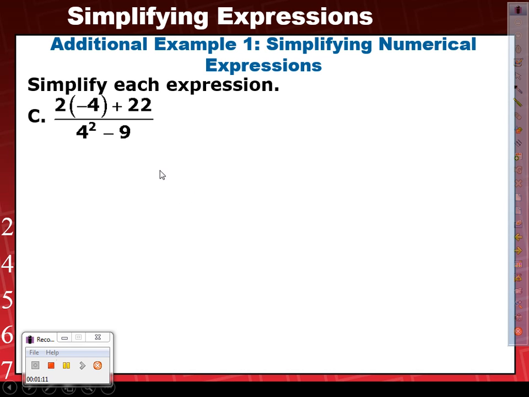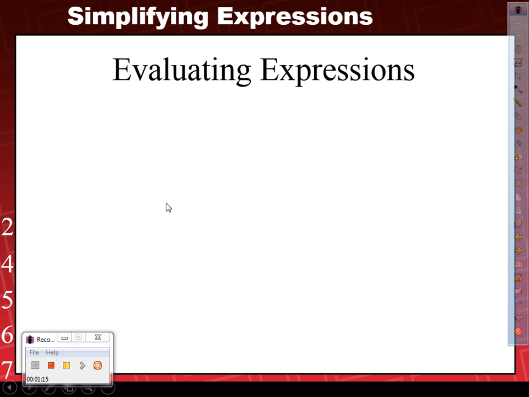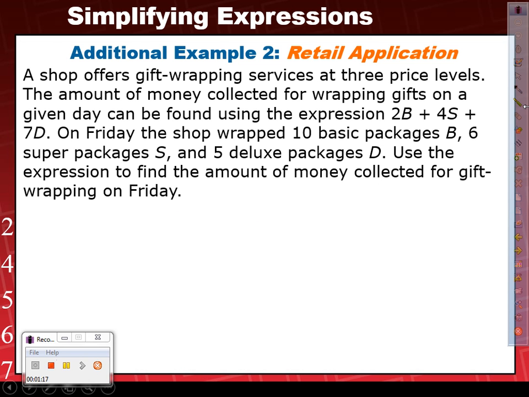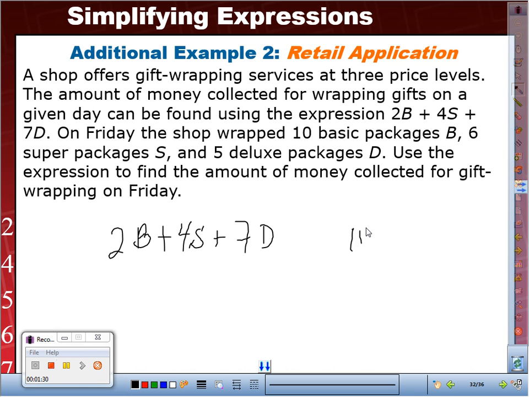Okay, and for homework, they gave you something like this to simplify, and they also gave you some that looked like this, where you wrote 2b plus 4s plus 7d, and they gave you values for each variable, such as 10 equals b, 6 equals s, and 5 equals d.